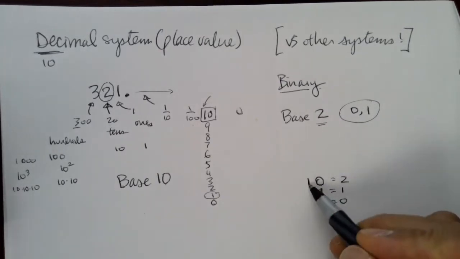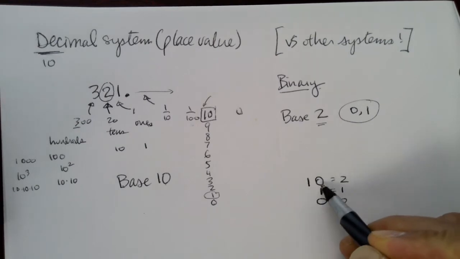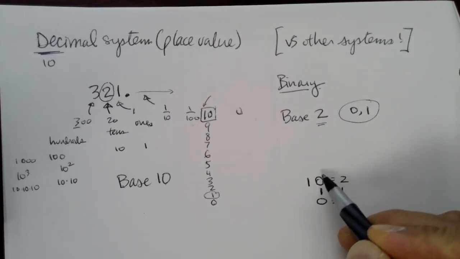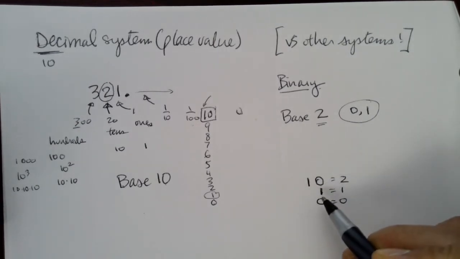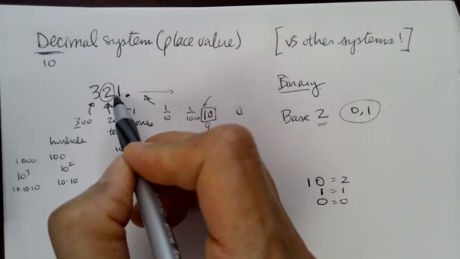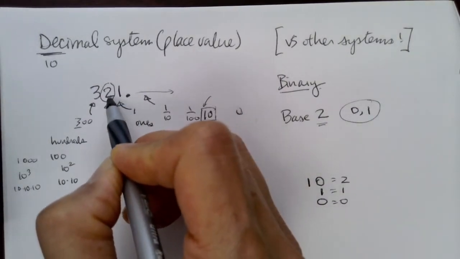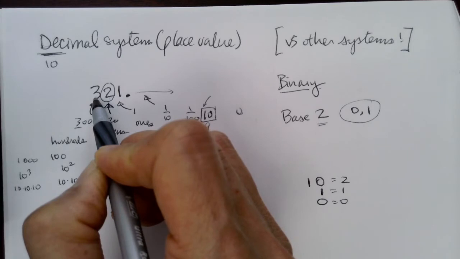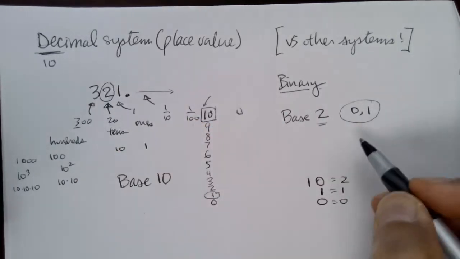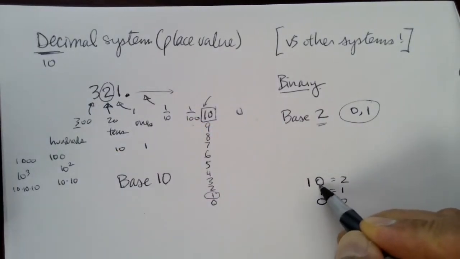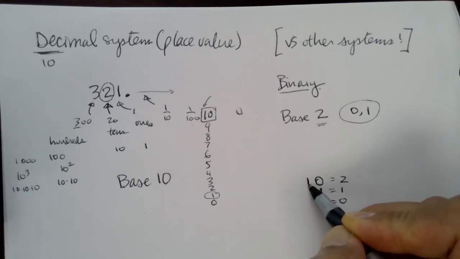So I have 1 two, and no 1s. This is always the 1s place. Or just as over here, 1, 2 tens, 3 hundreds. Here, 0 ones and 1 two.